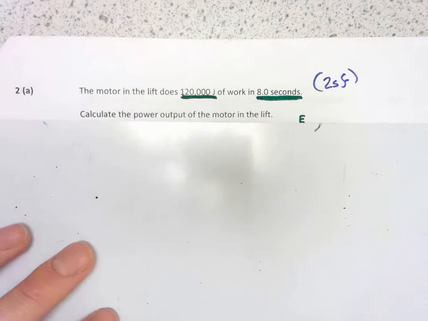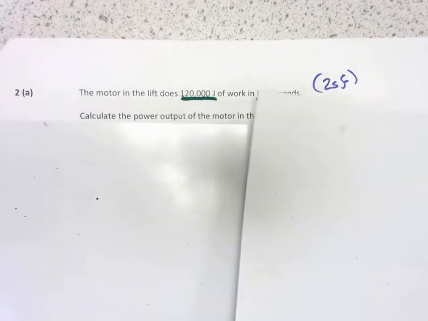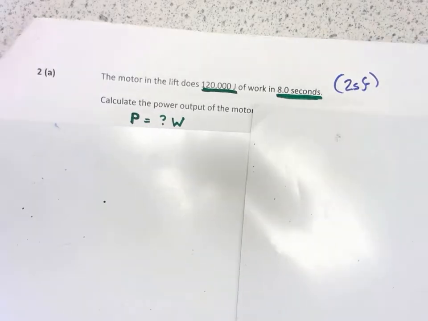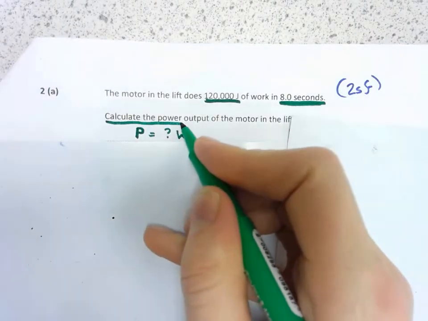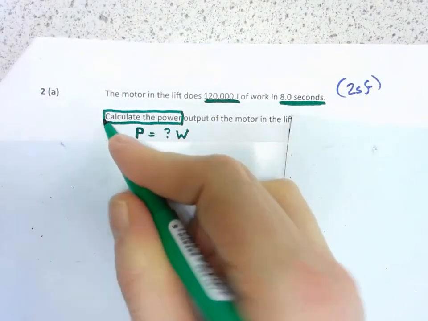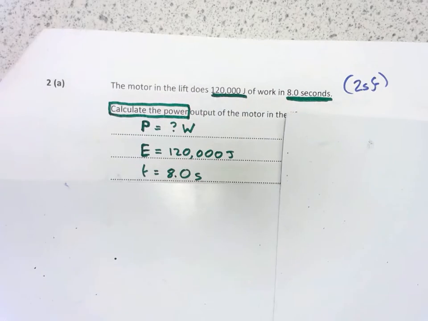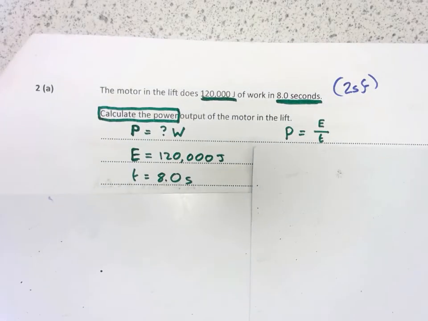Calculate the power output of the motor of the lift. For this question I'm going to first write down what I know. So I want to calculate power, and I do need to box that off. I know that the energy transferred is 120,000 and the time is 8 seconds, and I know that power is energy divided by time.